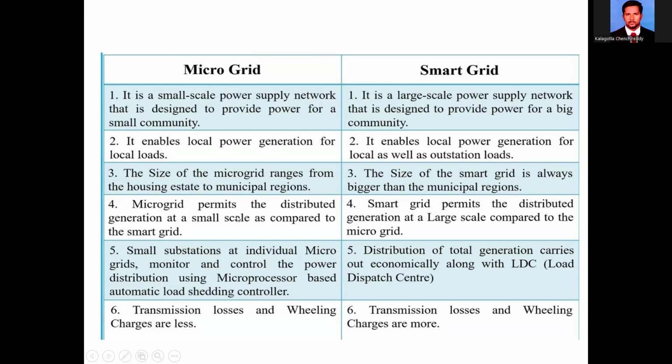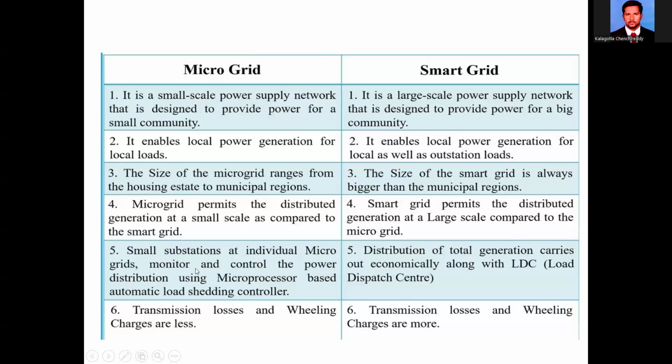Next, a microgrid permits distributed generation at small scale as compared to the smart grid. A smart grid permits distributed generation at large scale compared to the microgrid. Next, the substations at individual microgrids monitor and control the power distribution using a microprocessor.